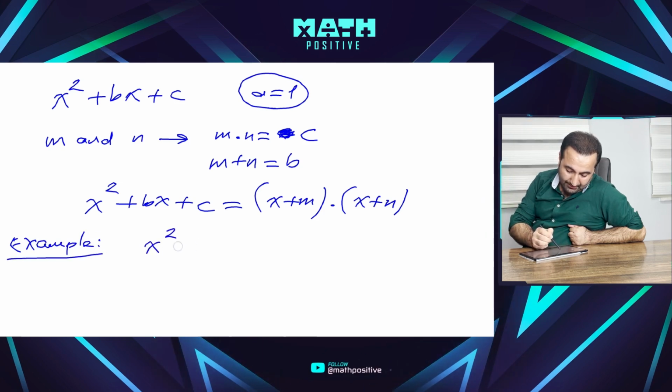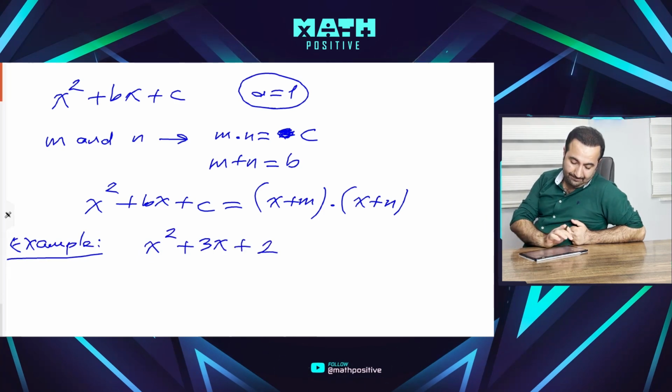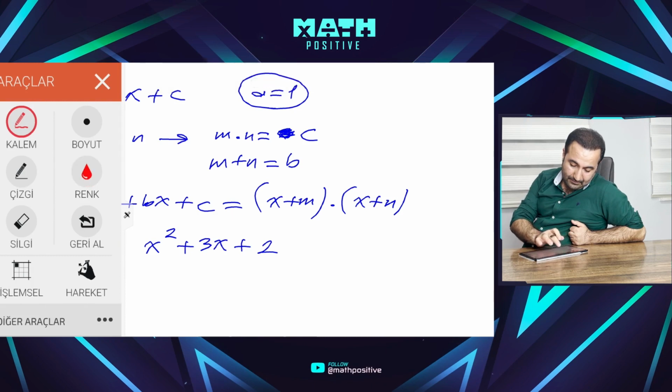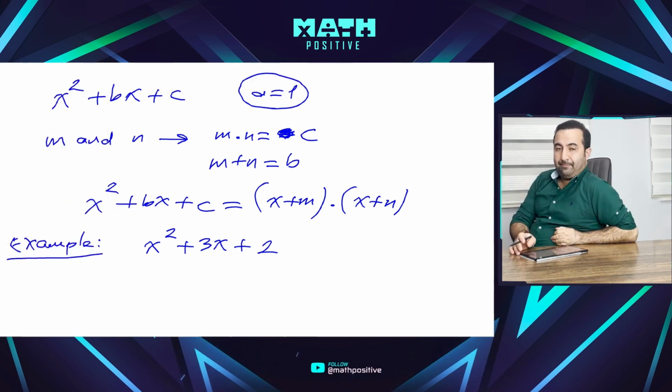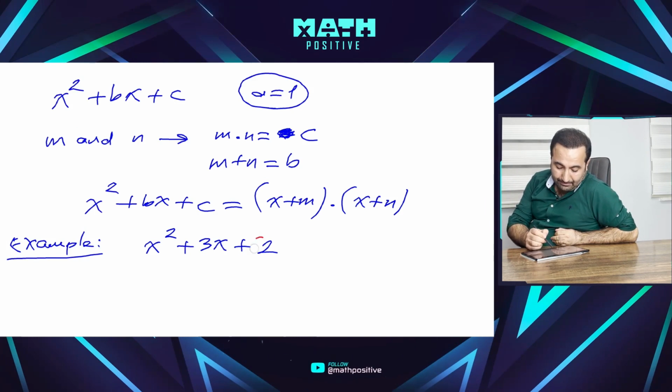x squared plus 3x plus 2 is to be factorized. Now we need two numbers whose product equals 2 and whose sum equals 3.